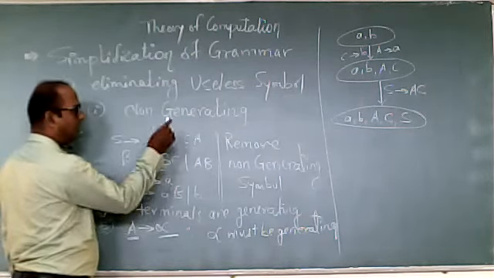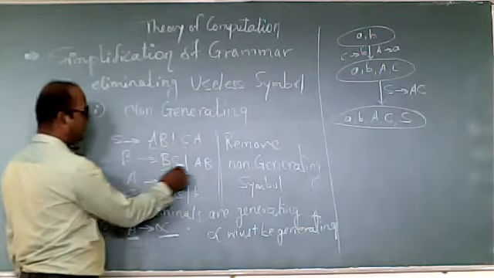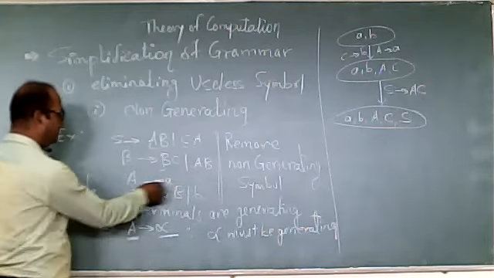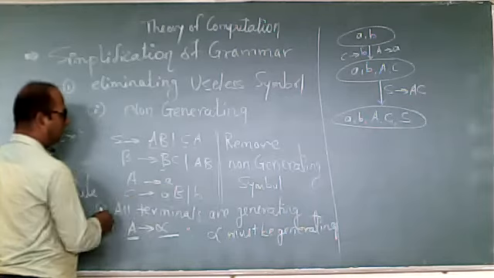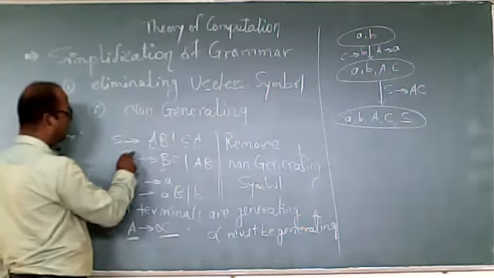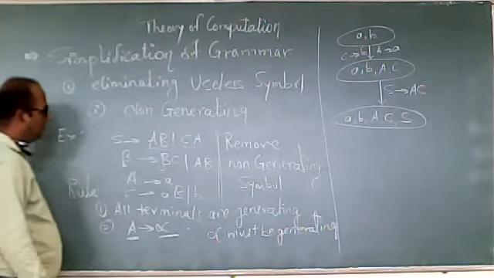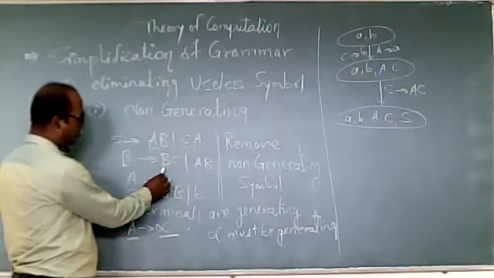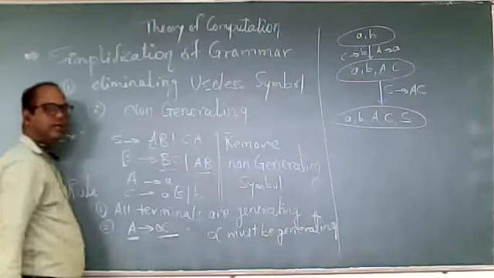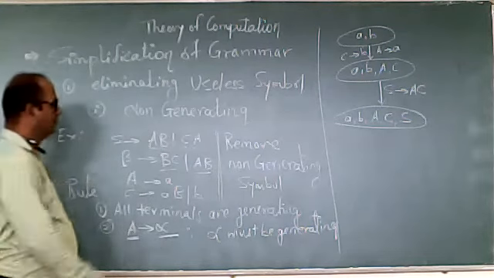Now B produces BC. B is not yet generating, C is generating, but we cannot say with the help of this that it is generating. AB, B we don't have. So we cannot say that B is generating. This is done, C is done. So remember, the pending variable is this B variable. B has two productions, BC and AB, but neither has any production which will give you a generating symbol.